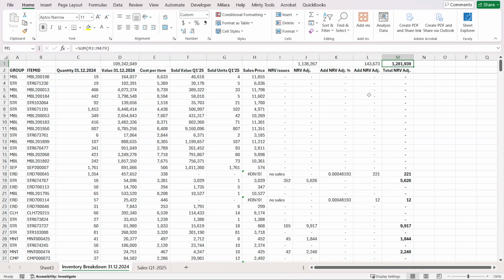This essentially shows us that although our inventory is valued at 109 million on our balance sheet, in essence its net realizable value, or as much as we can estimate it, is about a million point two below that, which means that we're overstating inventory on our balance sheet.